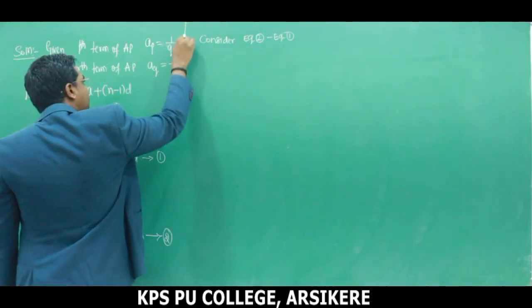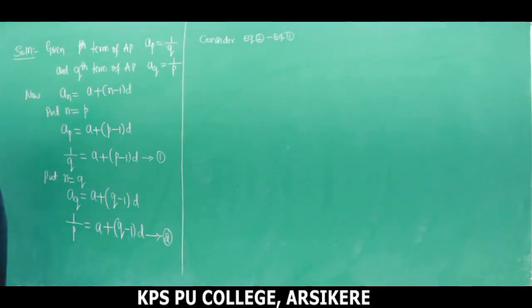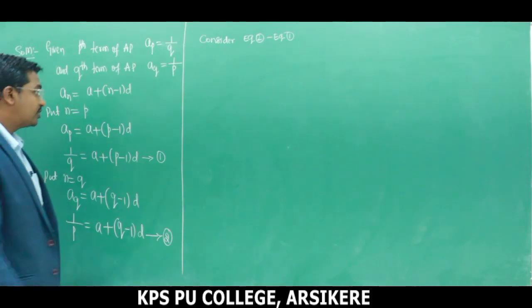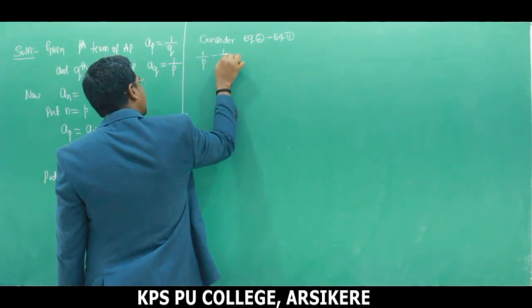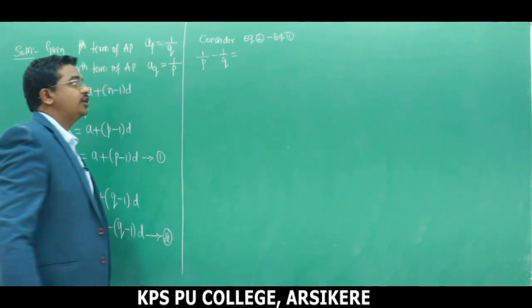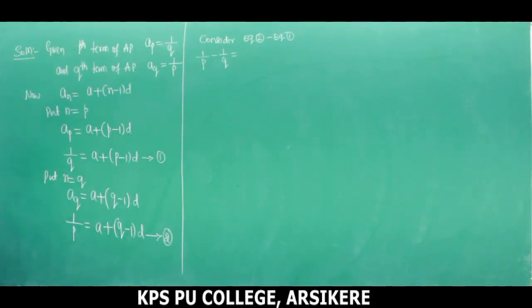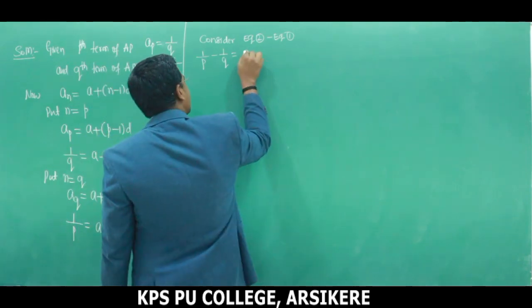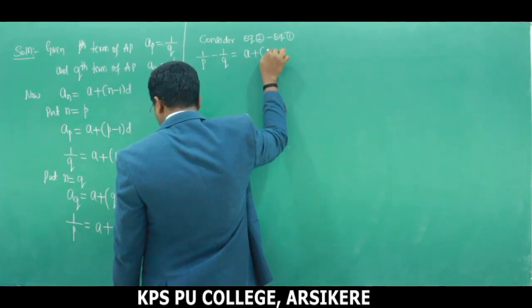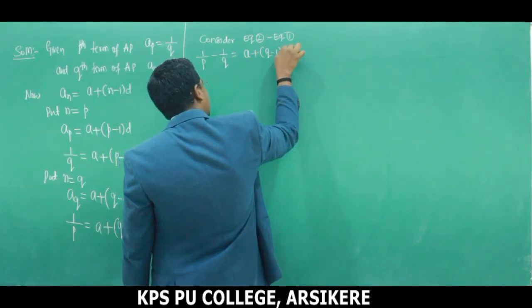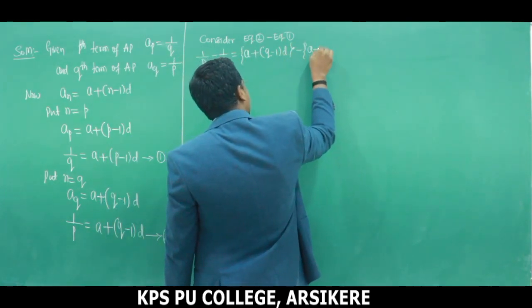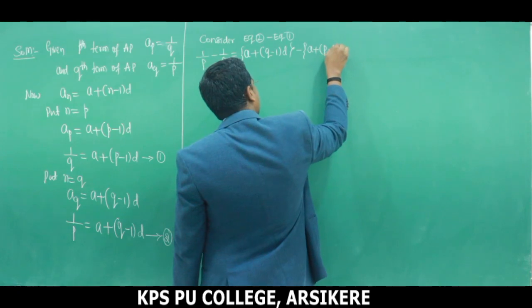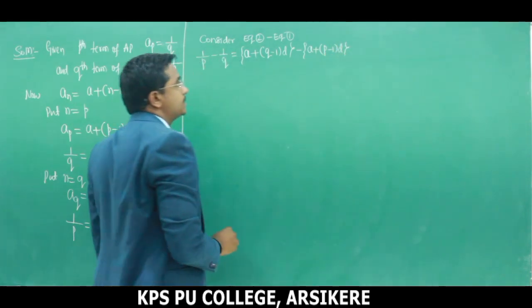In the left hand side, 1 divided by p minus 1 by q. In the right hand side, a plus q minus 1 into d, minus a plus p minus 1 into d.